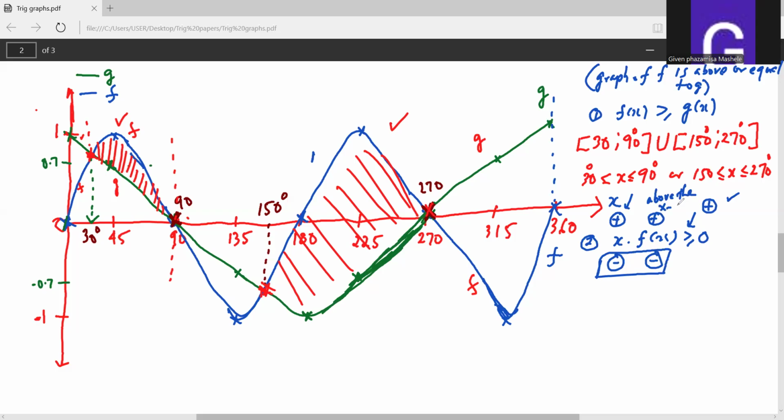So we want to identify the points where x is positive and, at the same time, the graph of f is above the x-axis, because if it's above the x-axis, it means it is positive. Look at this, guys. We're talking about f. From 0 to 90, the graph of f is above the x-axis, so it is positive.